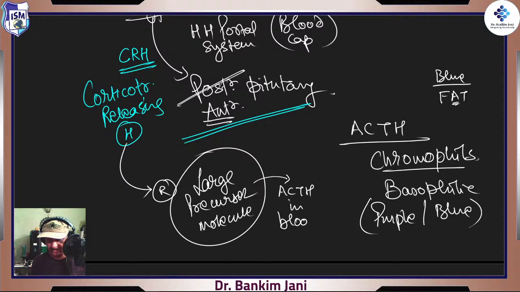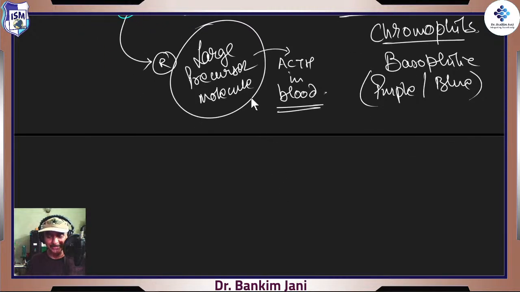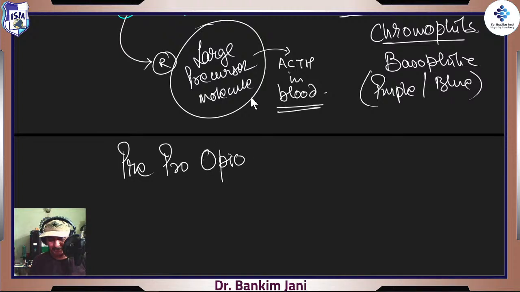It is worth remembering the name of this large precursor molecule. It is already said that it is a large precursor molecule, so its name is also large, right? But it is very interesting. It is like music. Pro, opio, melano, cortin. So it is POMC.